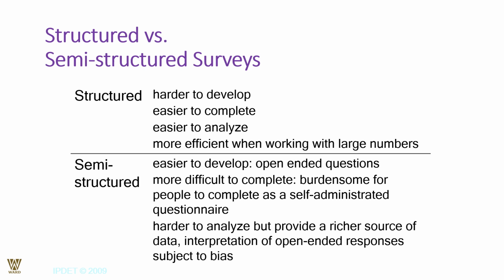But once the responses have been jotted down, it is very difficult to analyze. It is burdensome for people to understand the self-administered questionnaire. Probably why? Because interpretation varies. It depends on the analyzing power of it. It provides a richer source of data, but interpretation of open-ended responses is always subject to bias, not only from the point of view of the respondent, but also from the point of view of the investigator.